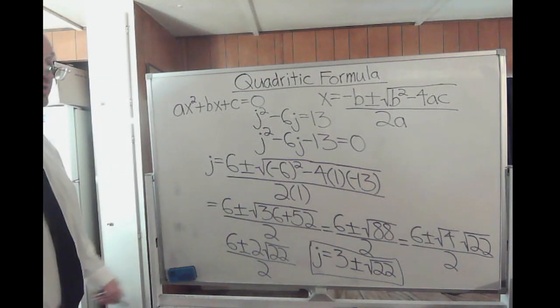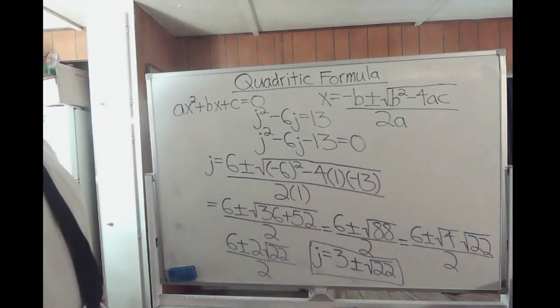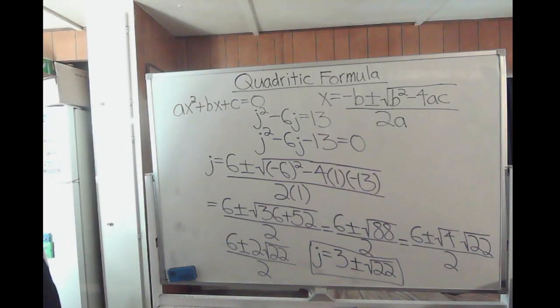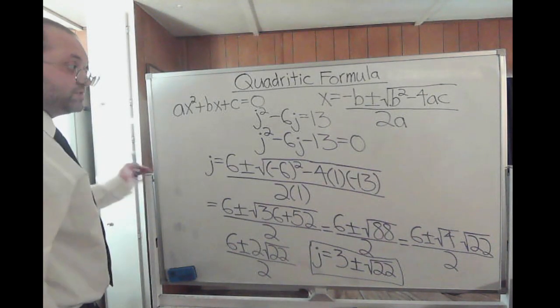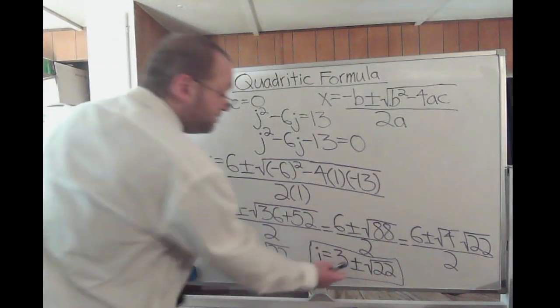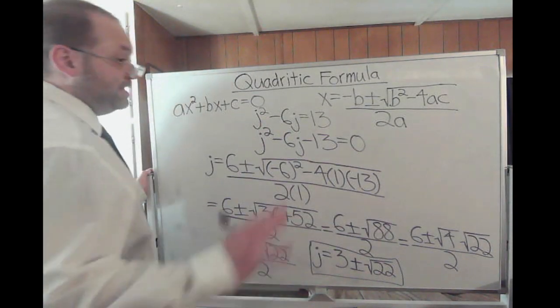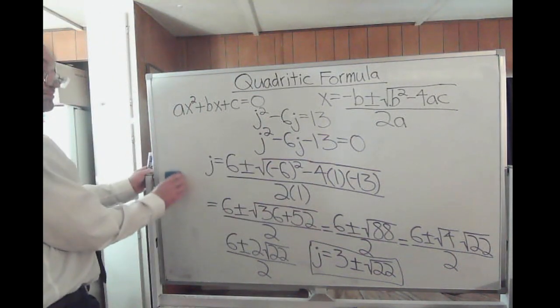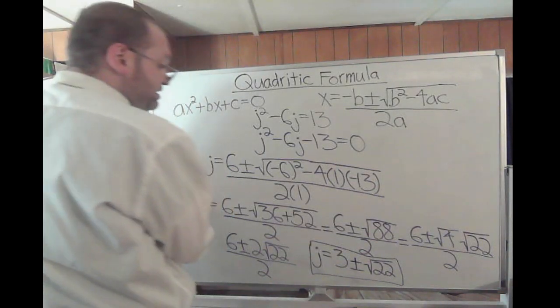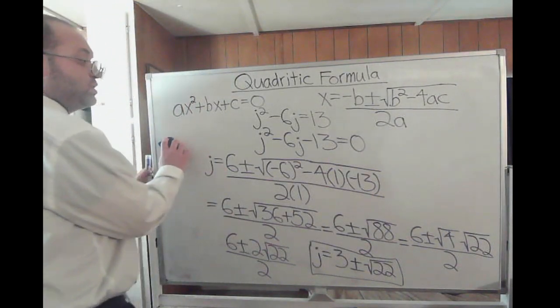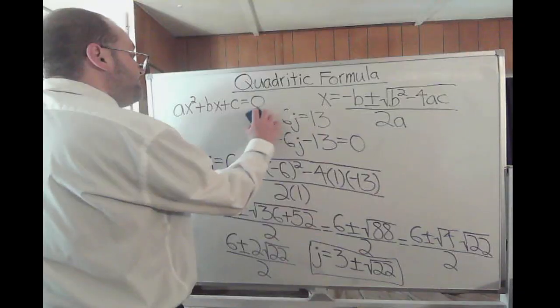That would be your answer. So yeah, not a pretty answer, but it definitely works. It's definitely the right answer. And if you want to have fun putting these into the equation to check, be my guest. I don't think you want to. So 3 plus and minus the square root of 22 is your answer.